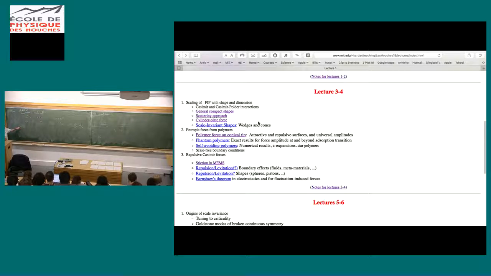Because for all of the things that are interesting, I really need to solve the diffusion equation with n replacing the role of time. Okay, so the first thing that I wanted to do was to go and redo the Casimir calculation.